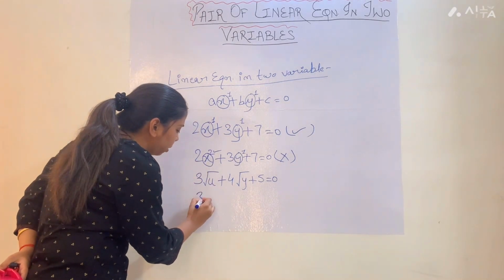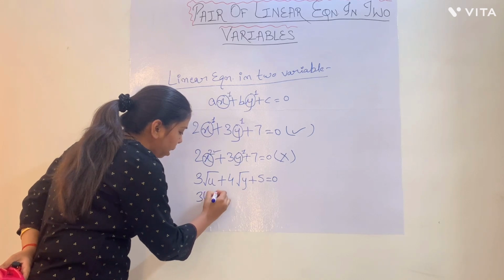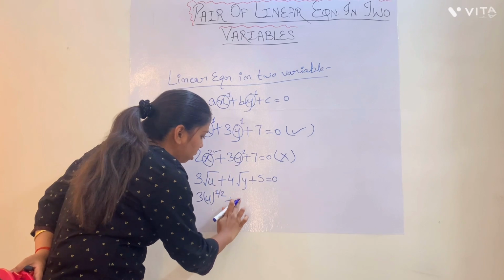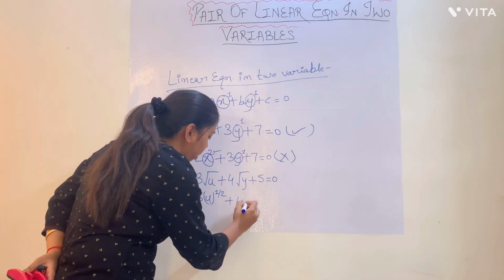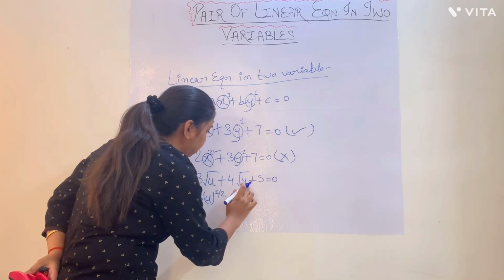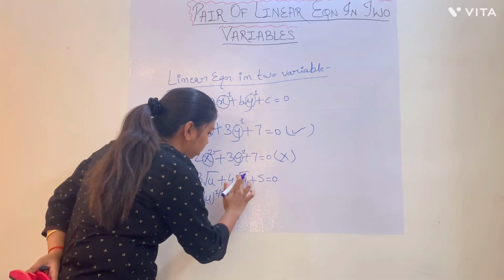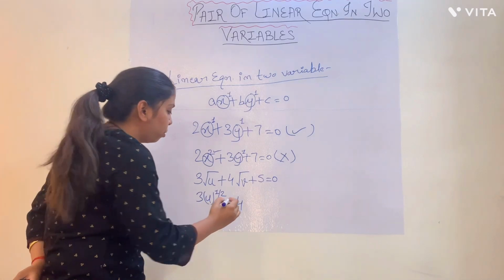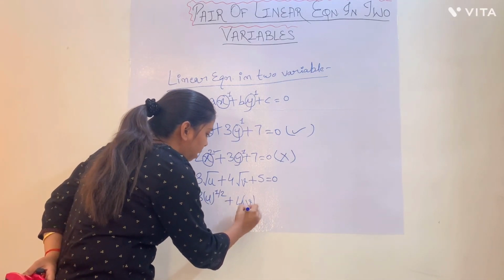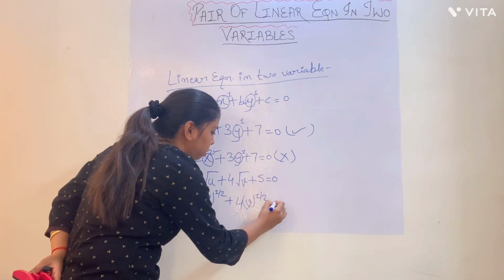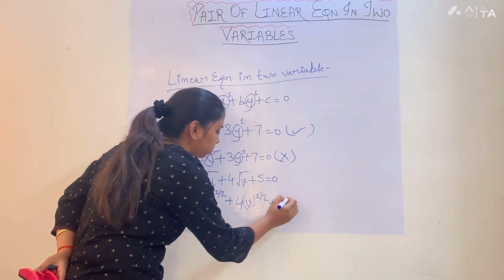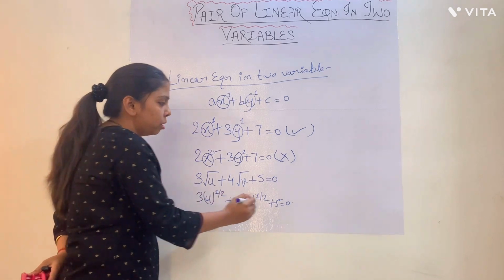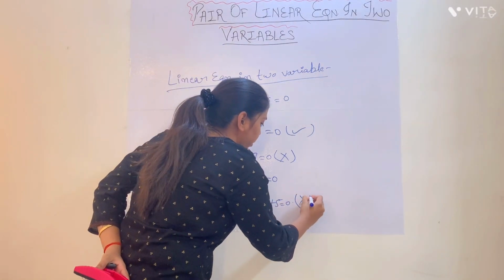So the term is 4 y to the power 1 by 2 plus 5 equals 0. Here the maximum power is 1 by 2. So it is not a linear equation.